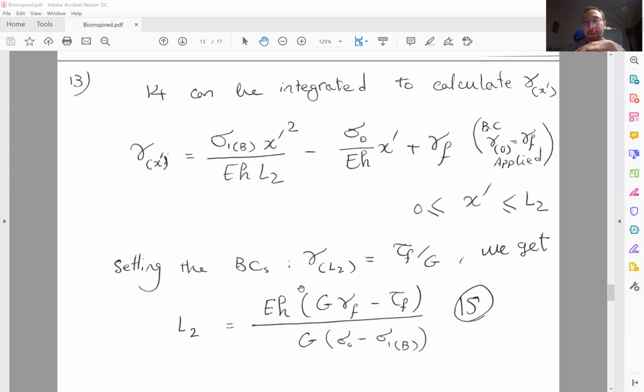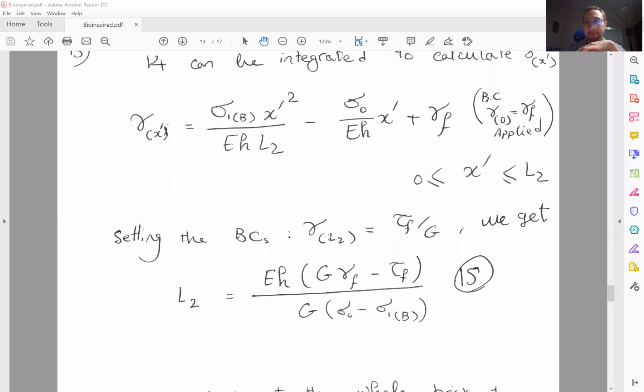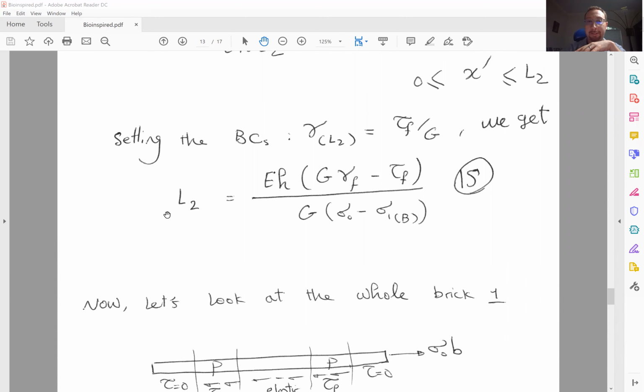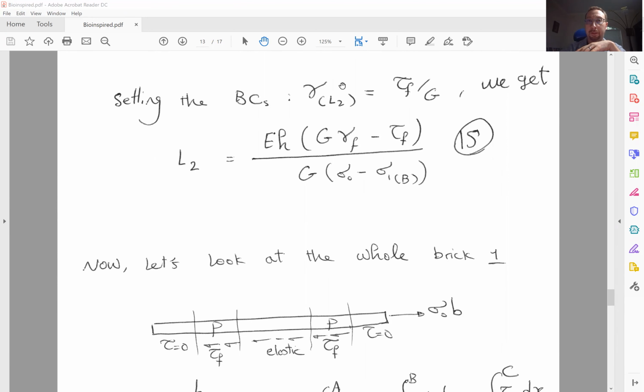Also, if I use the second boundary condition, that allows me to calculate L2. So let's pause here.